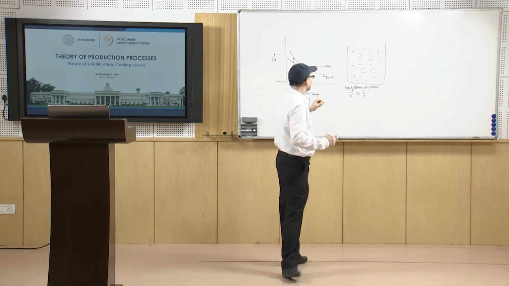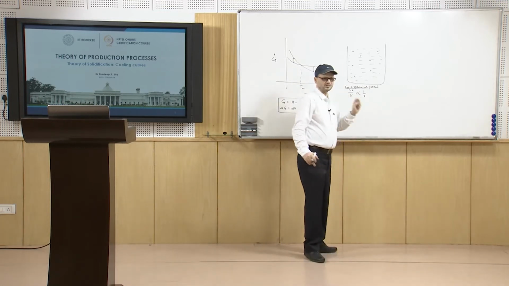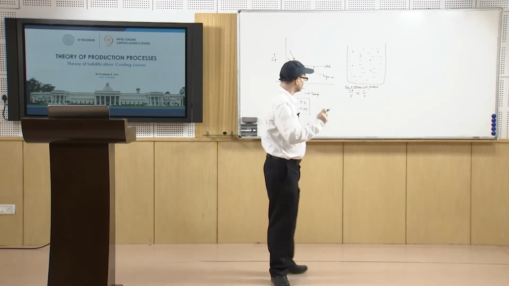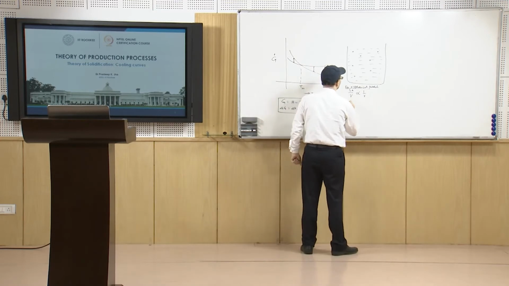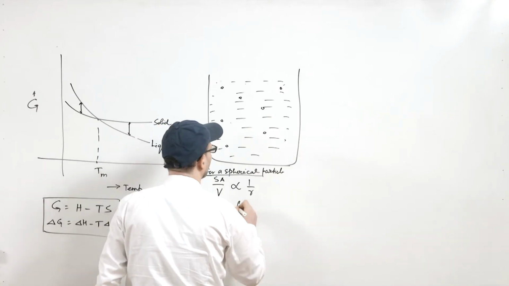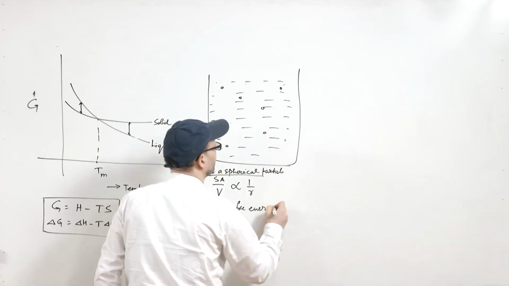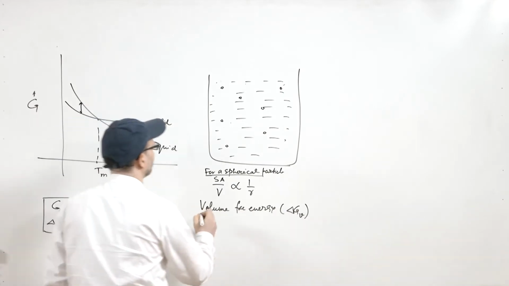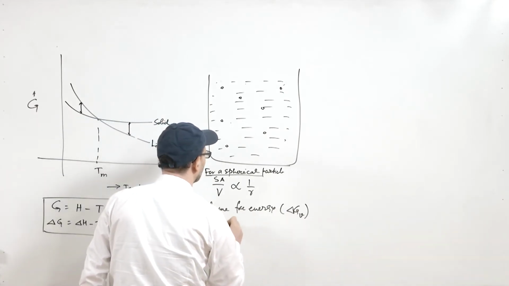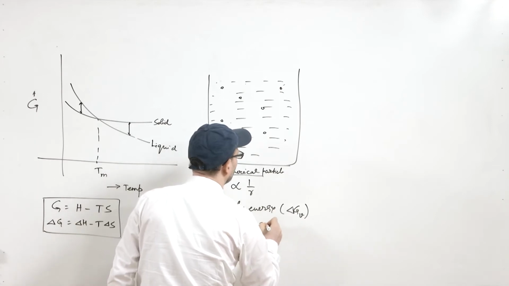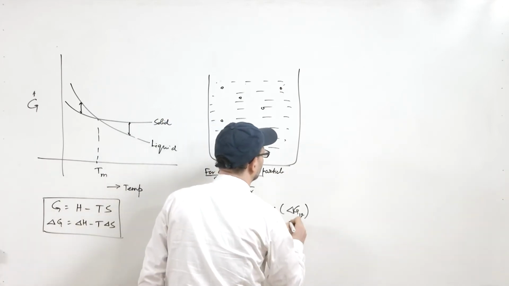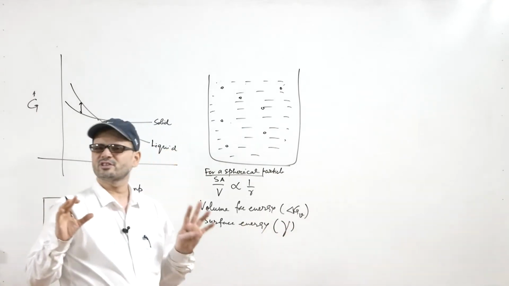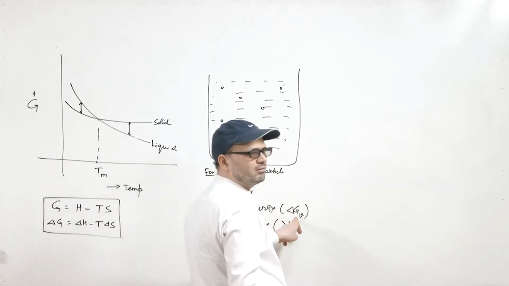Then, as r becomes more and more, we have two things, surface energy and volume energy. You have two terms: one is the volume free energy, denoted by delta G V, and then the surface energy term. The surface term is per unit area and the volume term is per unit volume.